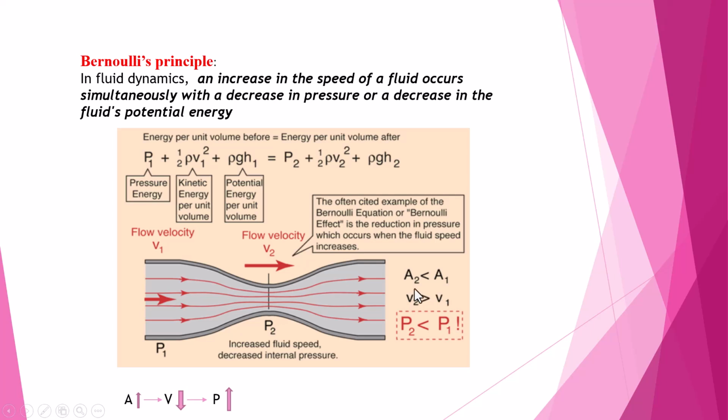In here, A1 is large, A2 is small, V2 is larger than V1. So P1 is larger than P2. When the area is large, the ratio goes down. A1 increases, velocity decreases. If velocity decreases, pressure increases, okay?